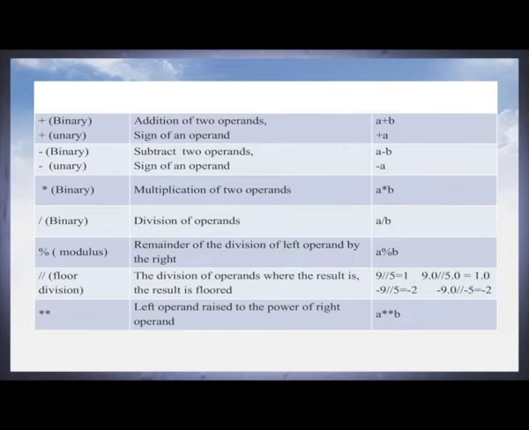Python has one special arithmetic operator called double slash, which is used to perform floor division. As you can see, when you perform floor division of 9 by 5, the actual answer would be 1.8, but because it is floor division you are getting 1. Similarly, you can see other examples too, and double star is used to perform the exponentiation operation.